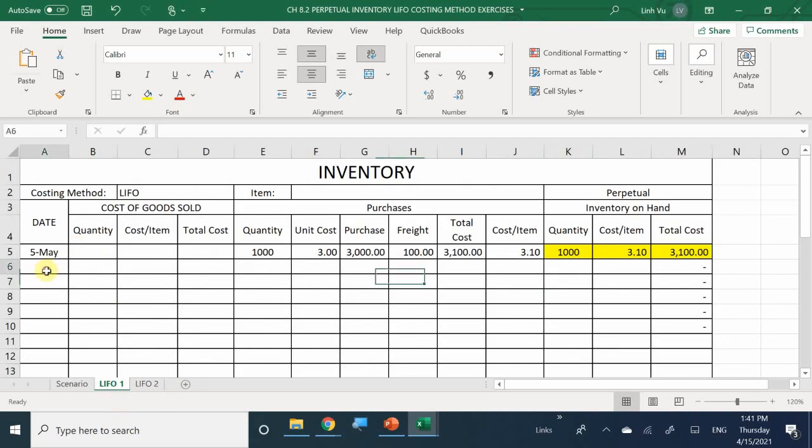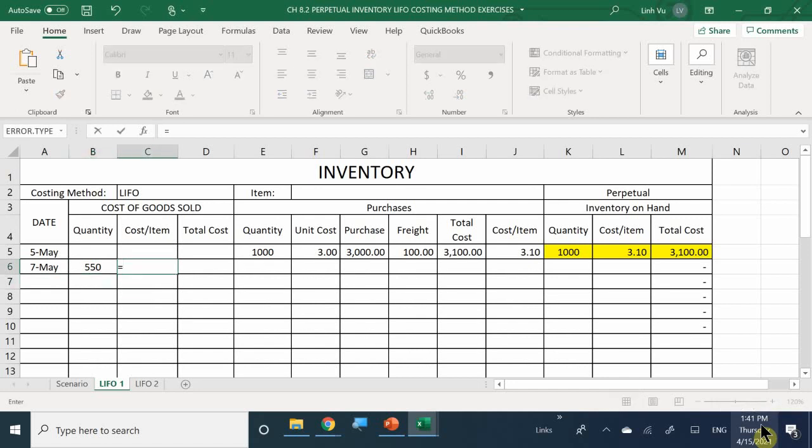So once again, it is now May 7th. We sold 550 units. At what cost am I going to be calculating this? From your first batch. We only have one batch. So for 3.10?